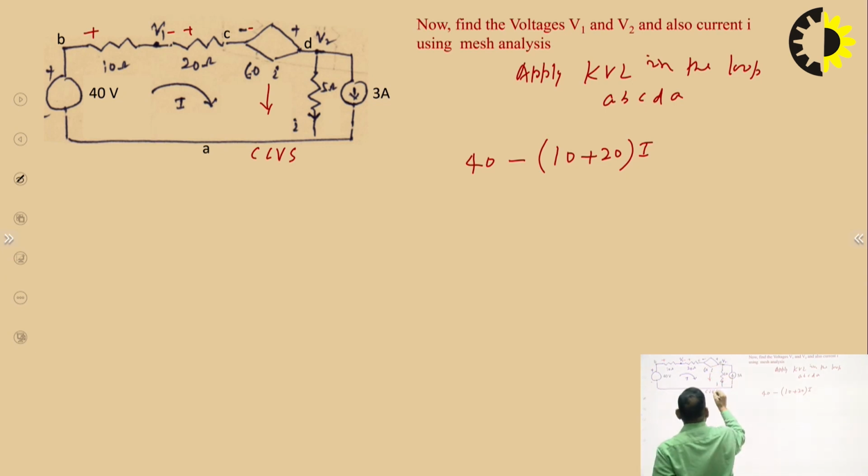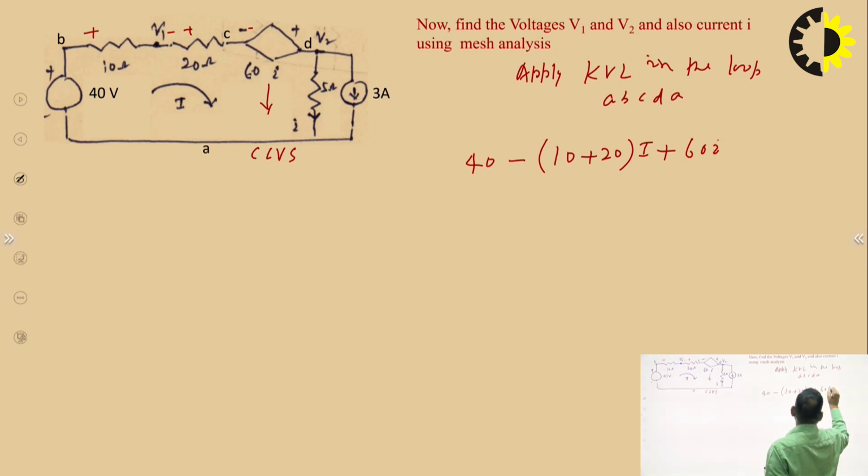We are going from the negative polarity to positive, so it is plus 60I. Then D to A minus 5I equal to 0. One equation.